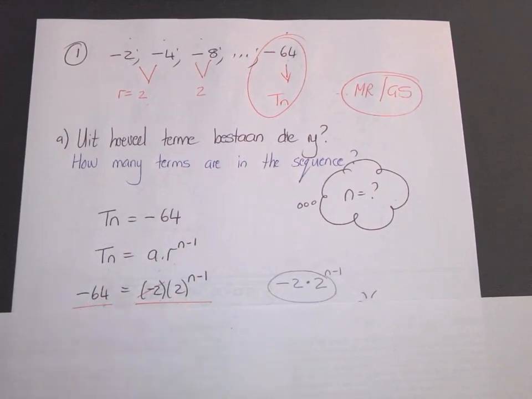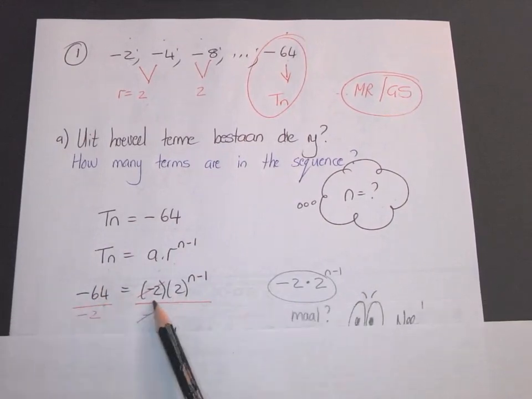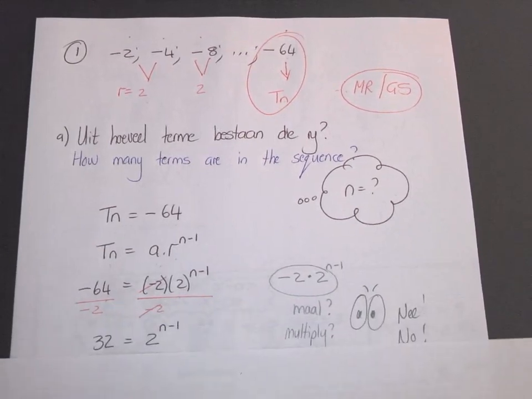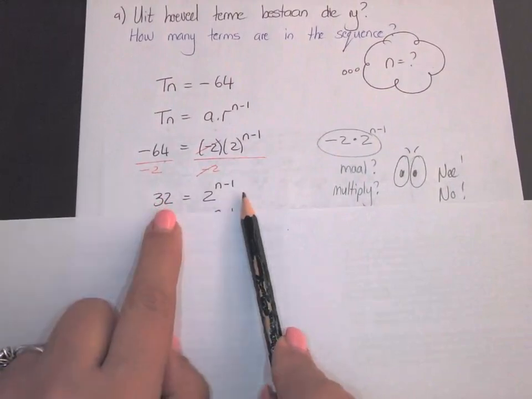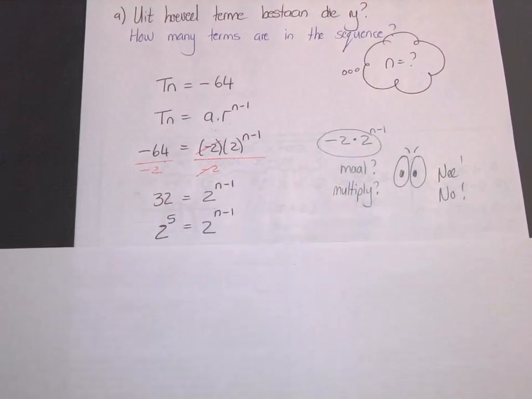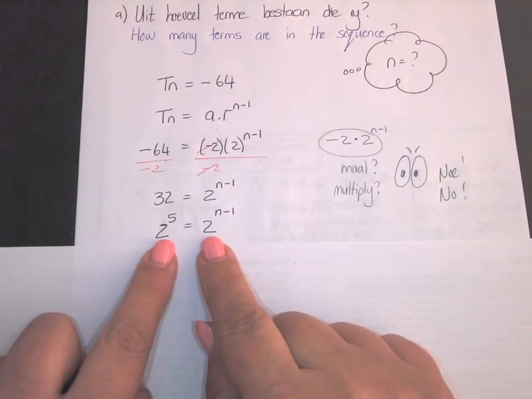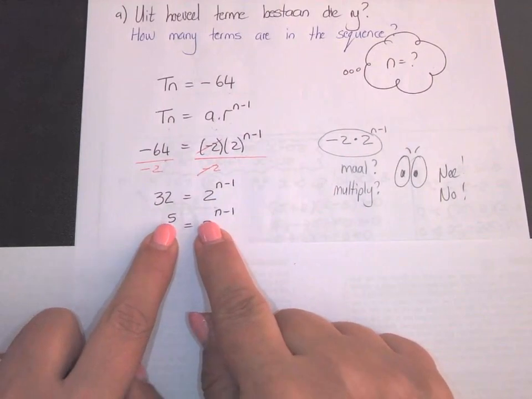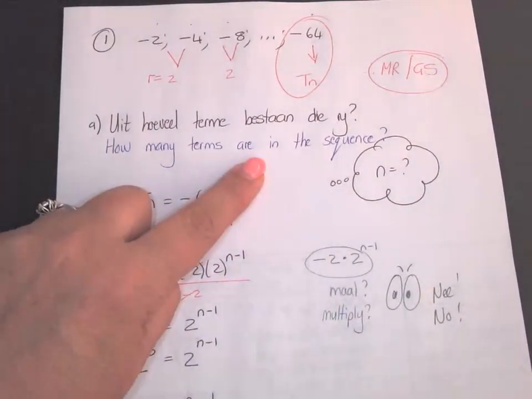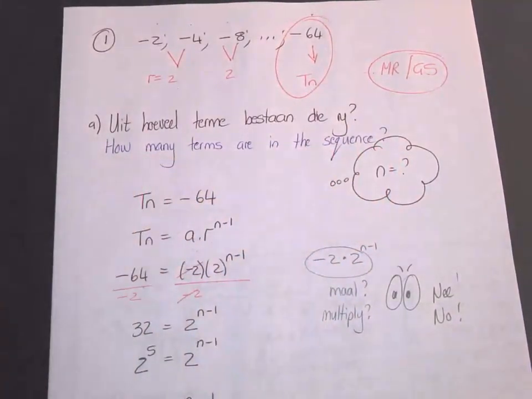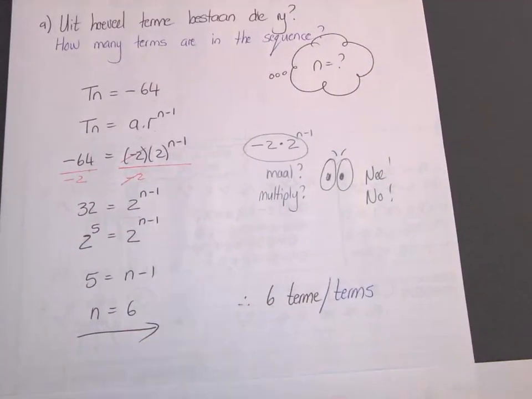And then you divide by negative 2 to get rid of the negative 2. And now you get 32 equals 2 to the power of n minus 1. Write the 32 in exponential form on your calculator and you get 2 to the power of 5. The bases are the same, therefore the exponents will be the same. And then you get n equals 6. Always answer the question: out of how many terms does this sequence exist? 6 terms.